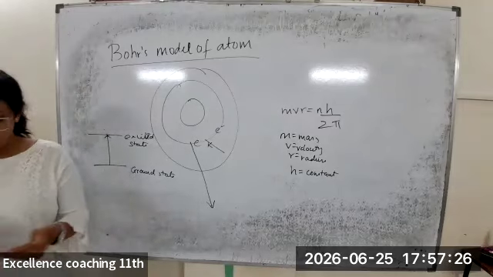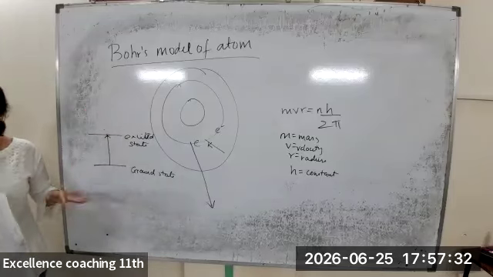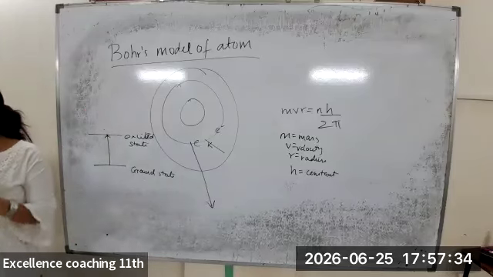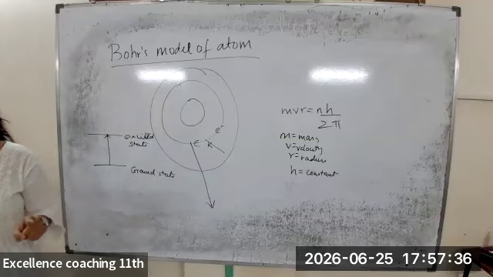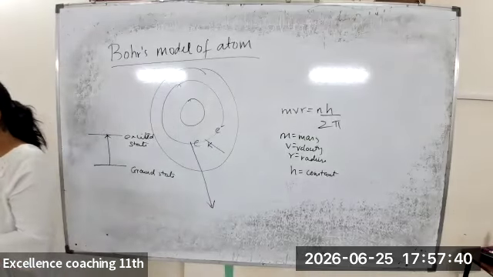Clear? So with respect to absorption and emission, there are two particular spectra: the emission spectrum and the absorption spectrum. The absorption spectrum is the spectrum observed when an electron absorbs light or radiation and moves to a higher state. So that is the absorption spectrum.